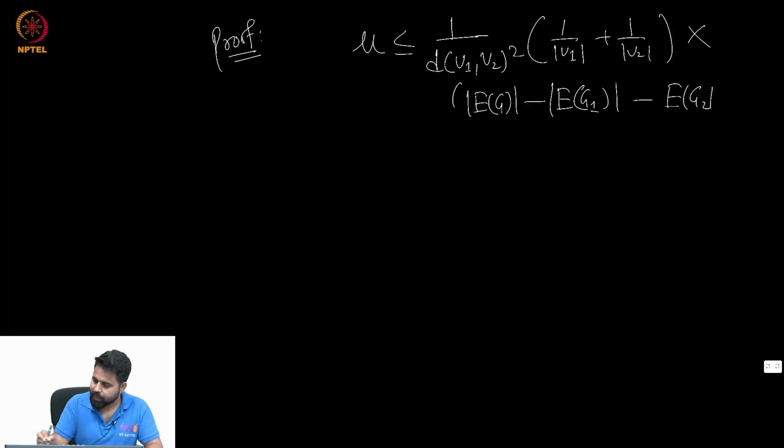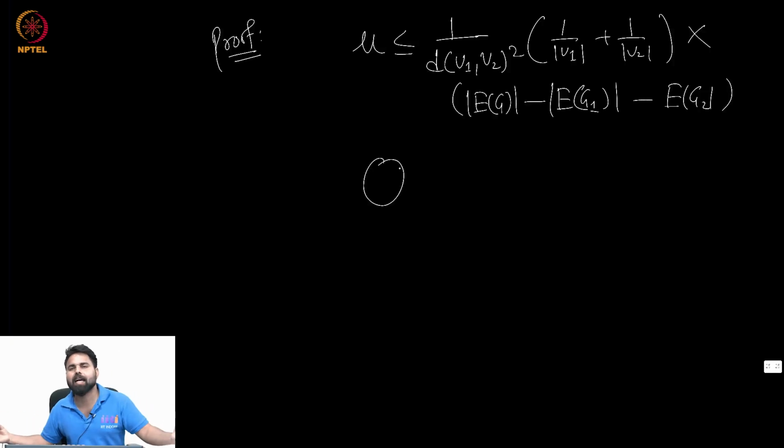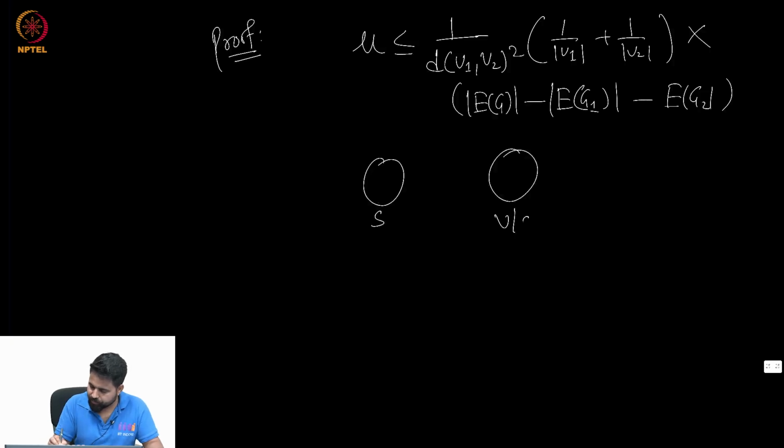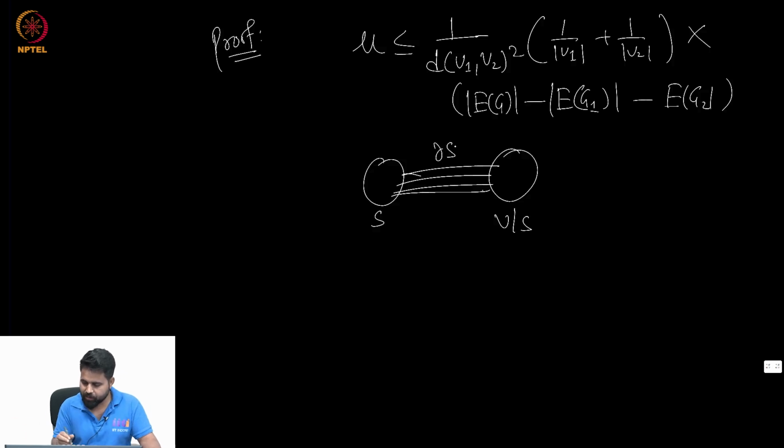Very good. Now suppose in the definition of h_G, S is that subset which is giving you that minimum ratio. So suppose this is S, and this is V minus S, and these are the edges. So this is delta S, which is the boundary. Now the distance between S and V minus S is nothing but 1.